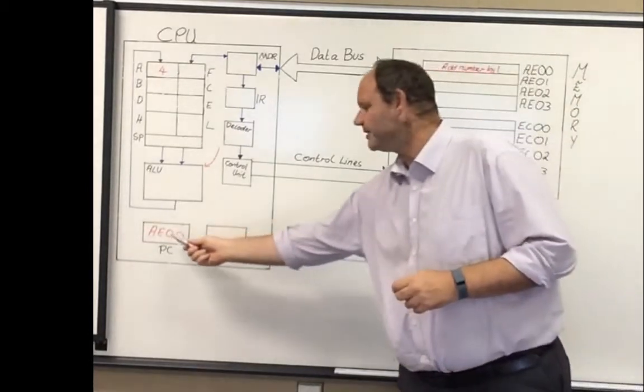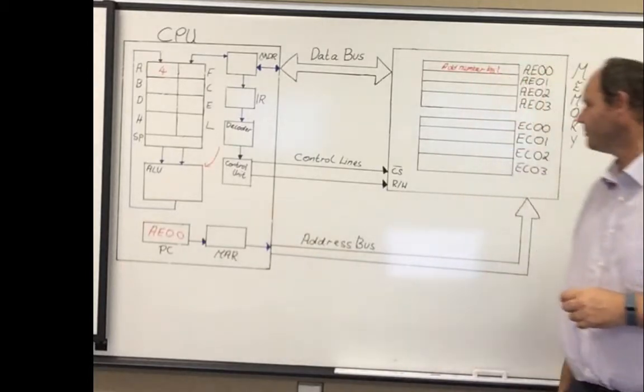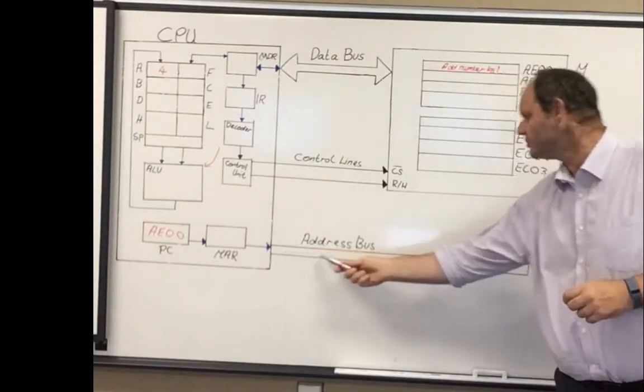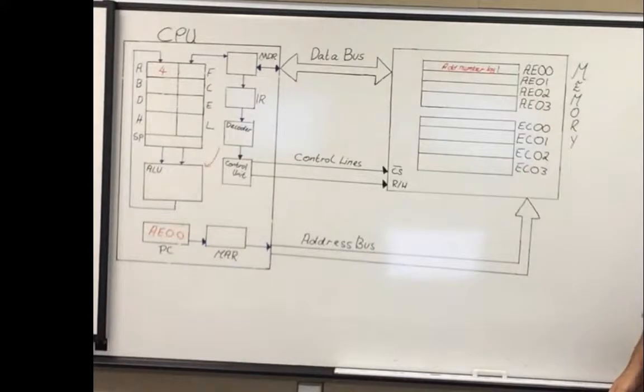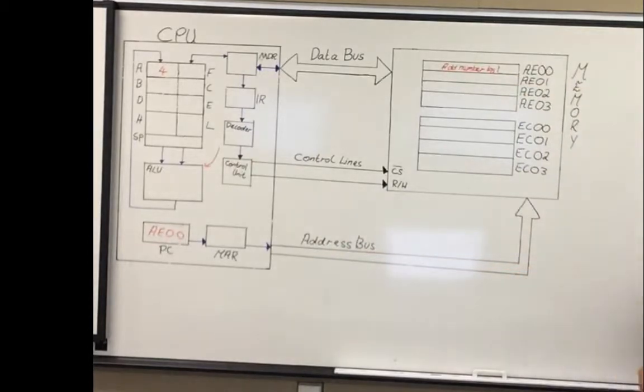The memory address is sent from the CPU along the address bus, which, as you well know, is one directional. It will go along the address bus and from there locate the address AE00. Contained within that address is the instruction add number by 1.